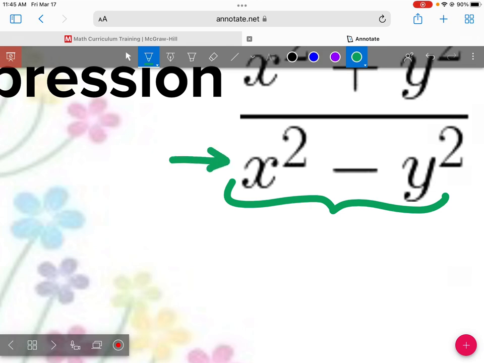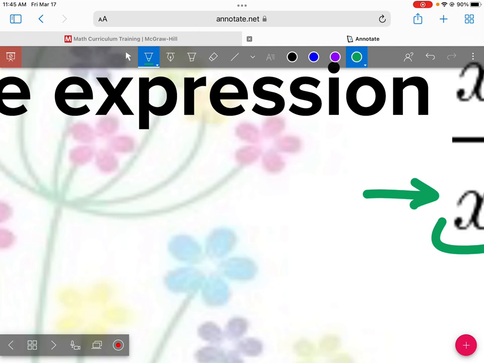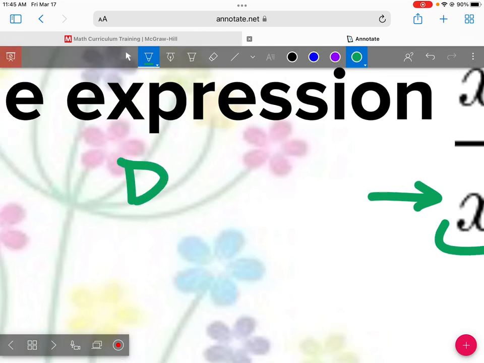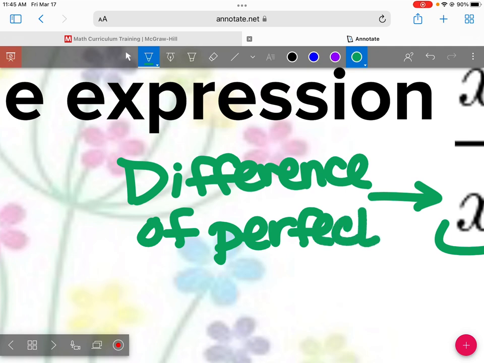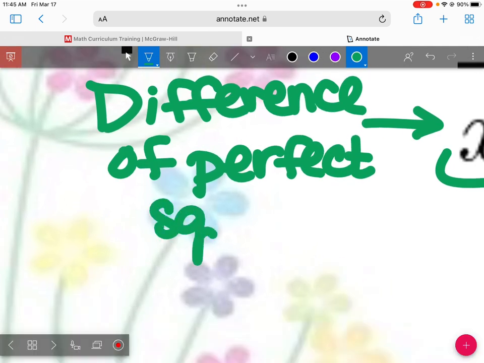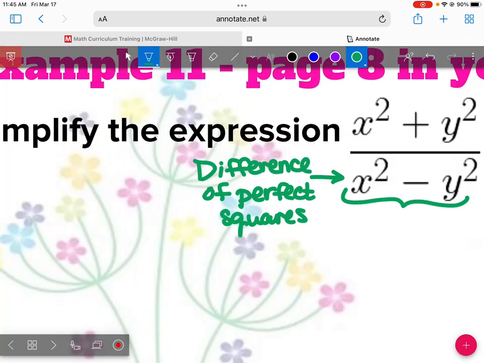What do we call this special situation? Yes, this is a difference of perfect squares. How many factors do I get when it's a difference of perfect squares? 2.